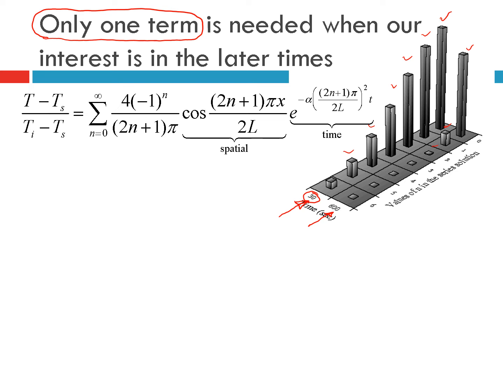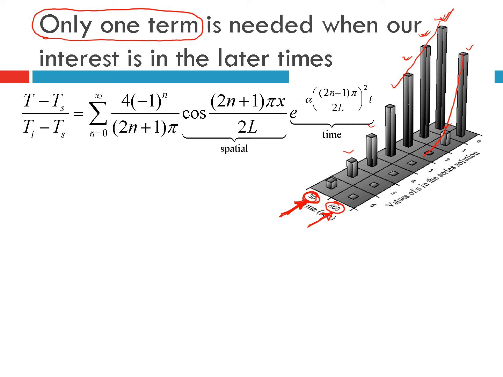Now, of course, each term from here to here to here drops. But there is a qualitative difference between how the terms are dropping for time t equal to 30 and how they are dropping at time t equal to 600. Do you see that? For these earlier times, the terms drop, but they drop kind of slowly. Whereas here, the terms drop very, very fast.